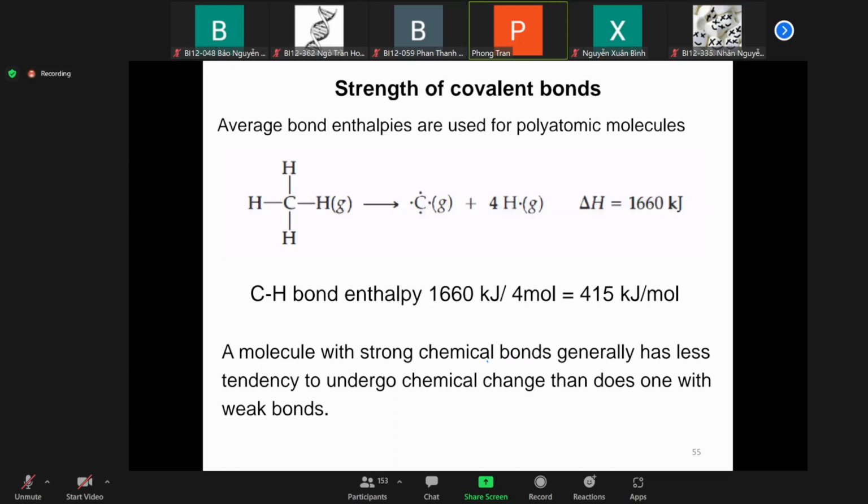Less stable also means more reactive, so it has more tendency to react in a chemical reaction. So you can say that the single bond is easier to cut, so it's less stable, it's more reactive than a double bond, and the double bond is more reactive than a triple bond.